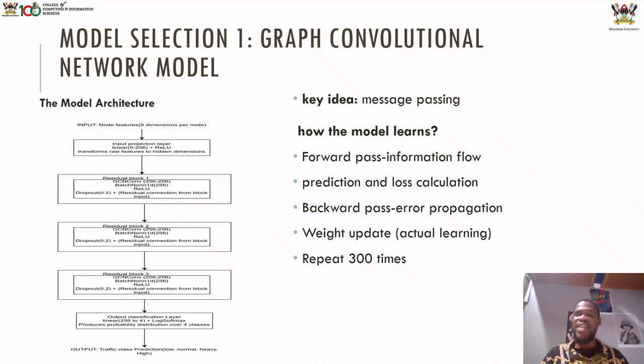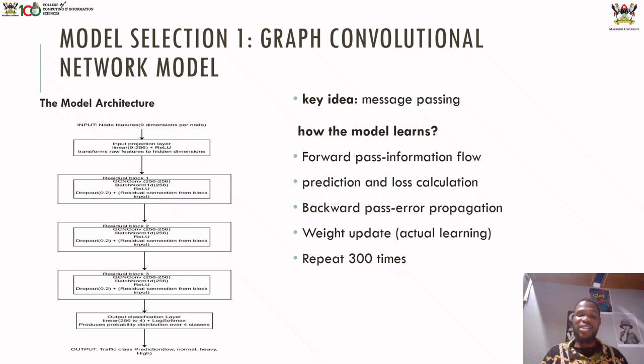You need to get the actual expected value minus the predicted value, right? Then the backward pass, error propagation, is about calculating the error in the predictions. Then the weight update is where learning actually happens, and that happens through backward propagation.